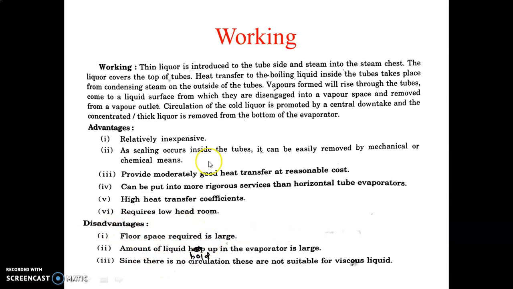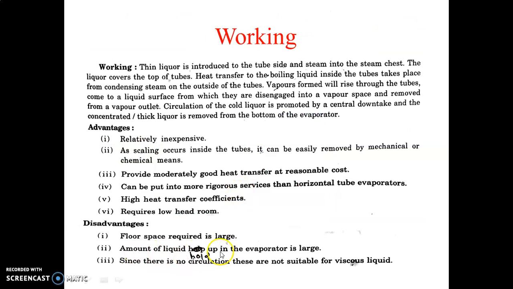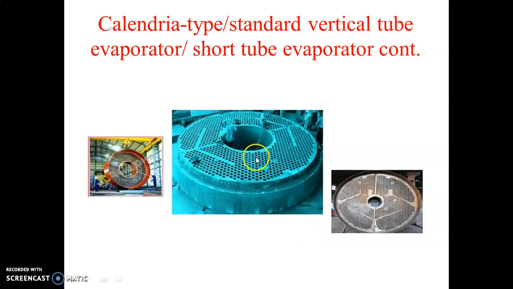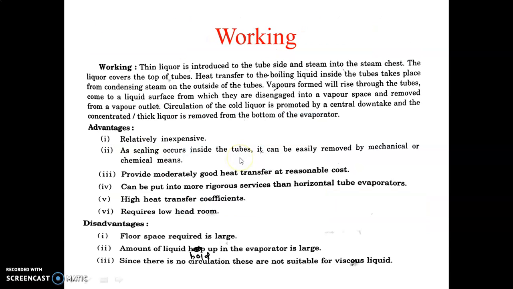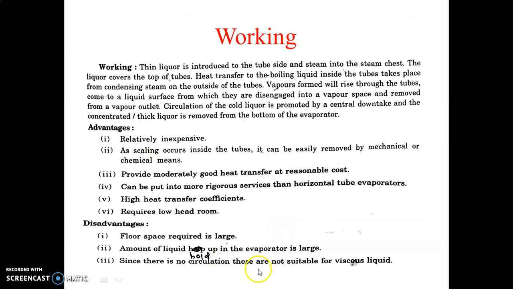More floor space is required, because this evaporator has vertical tubes. The amount of liquid hold up in the evaporator is large, and it is not suitable for viscous liquids since the circulation is poor in this case.